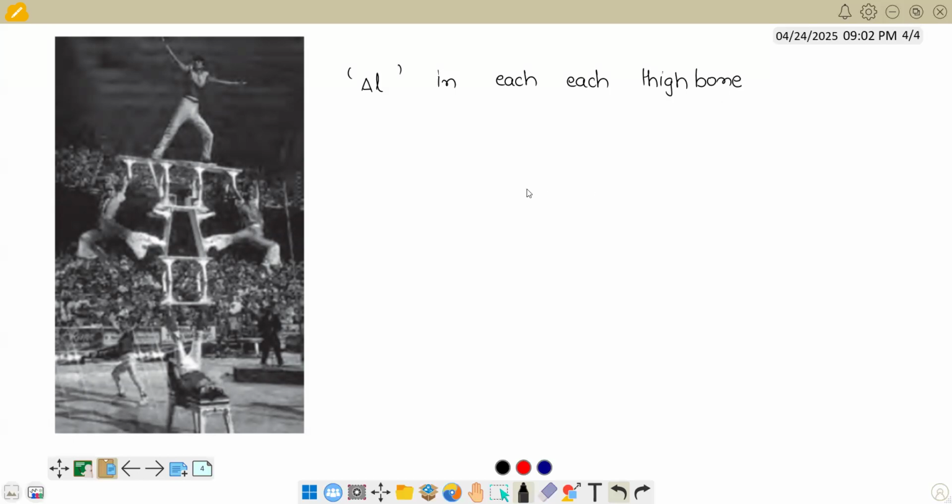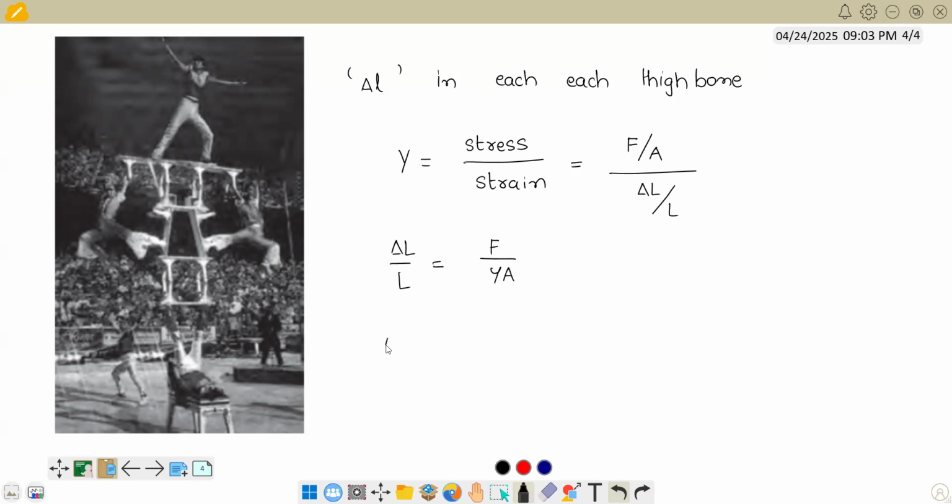We know the formula: Young's modulus of elasticity is equal to stress divided by strain. In place of stress, I can write force per unit area, divided by change in length by original length. So take this to the other side. Change in length by original length is equal to F by Y into A. So change in length would be F into L by A into Y.